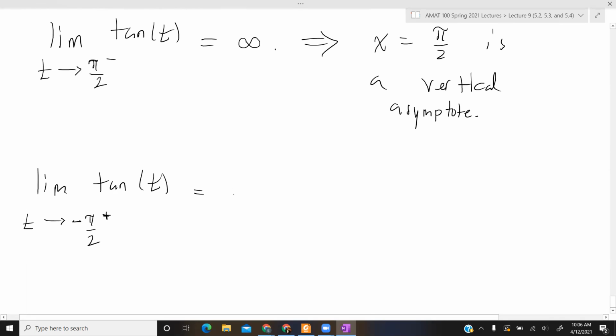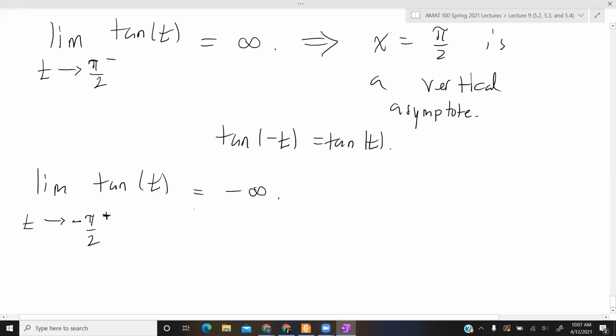The only difference is it's going to be negative infinity. Remember, when you take tan of a negative number, you can pull the negative out. Remember, tan of negative t is the negative of tan of t. That was one of the properties we deduced in the last section.